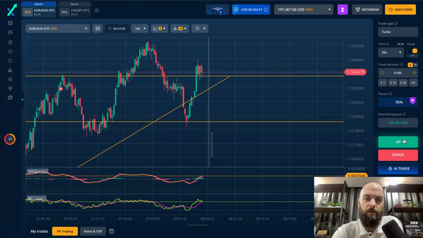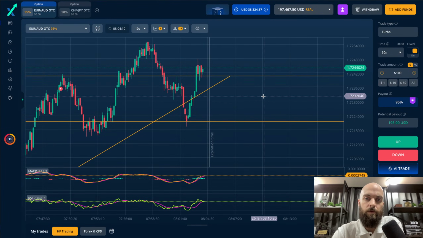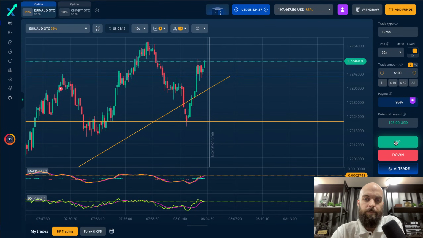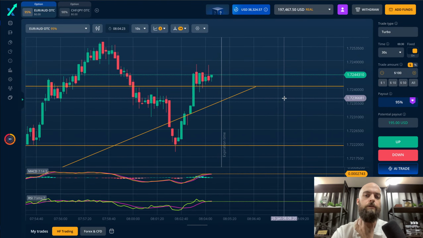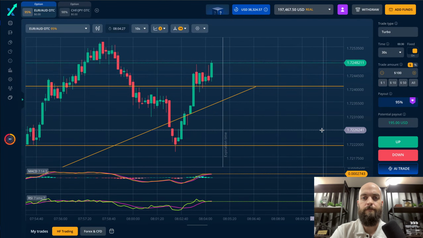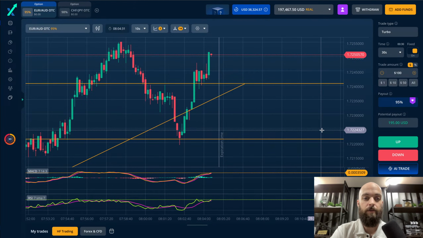Another bounce in this zone. Stretch it out so we can see a bit. Alright, wow, look at that.